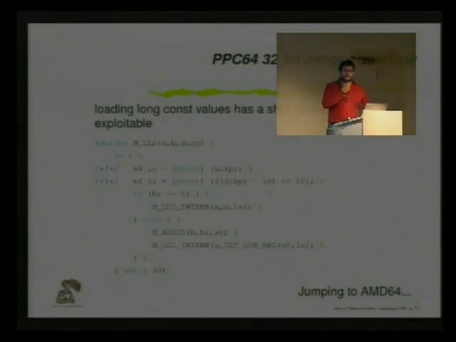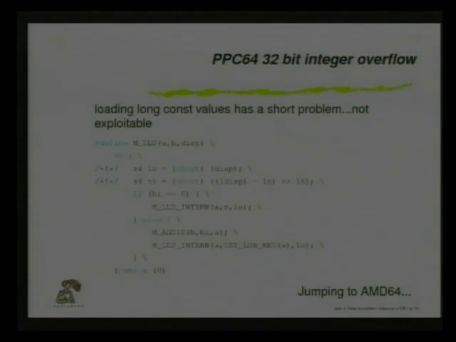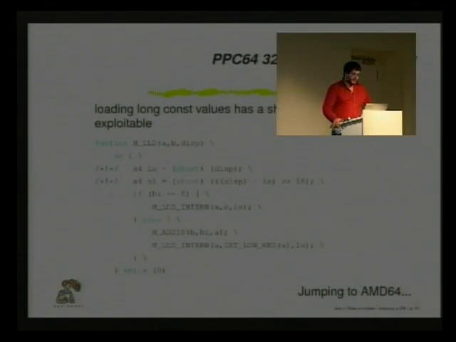Here we found something on PowerPC 64. We found a 32-bit integer overflow when accessing data segments. Data segments are created to store constant data, and it's a 64-bit address machine, so the data segment could possibly be 64-bit wide. The problem is, in the marked lines, the displacement is cast to a short, which is just a 32-bit value.